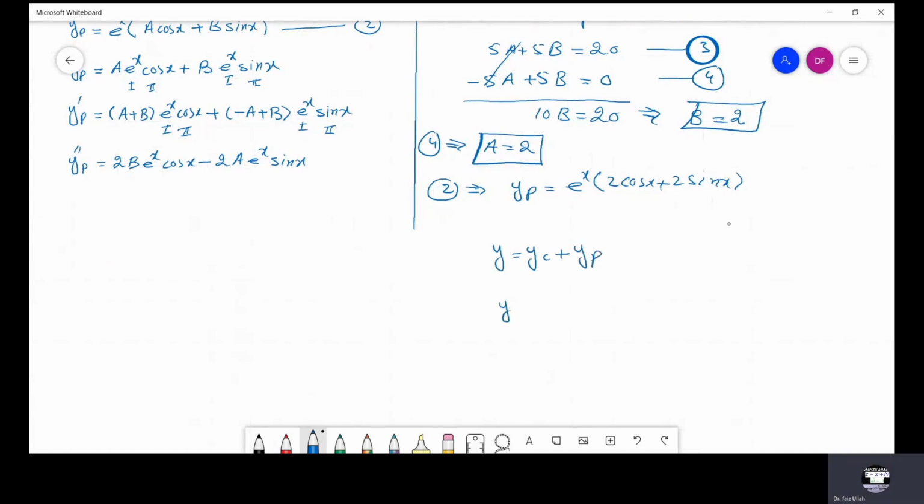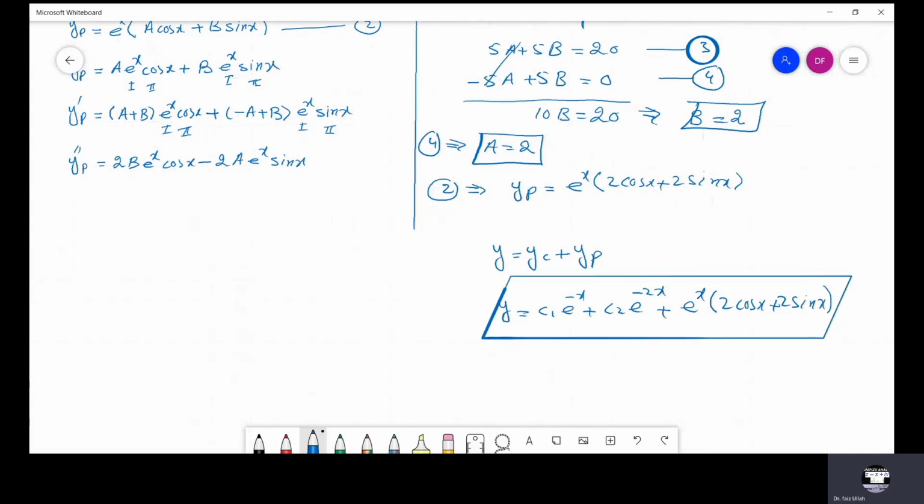And this can be written as y is equal to c1 e power minus x plus c2 e power minus 2x plus e power x into (2 cos x plus 2 sine x). And that is the required solution of the given problem.